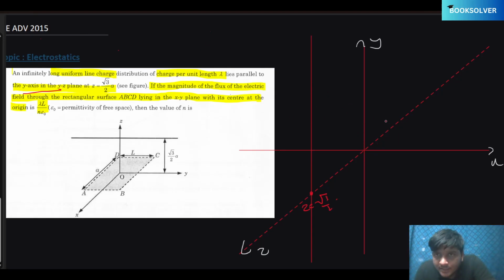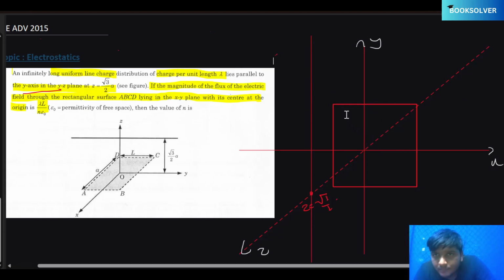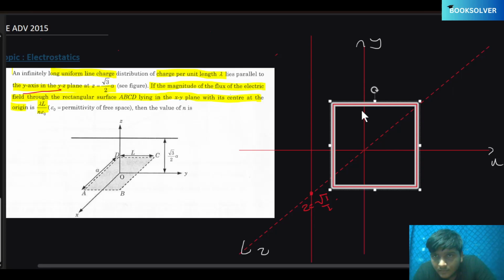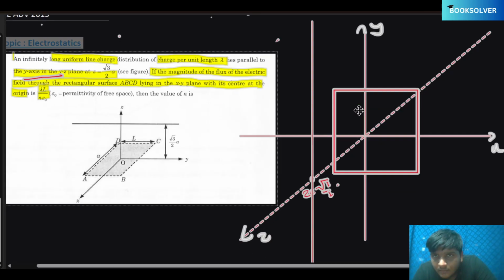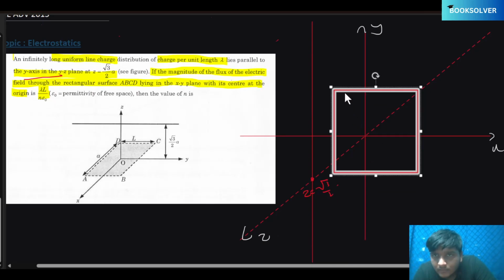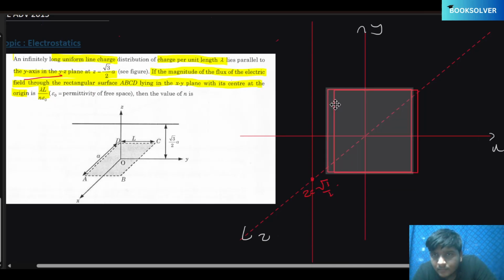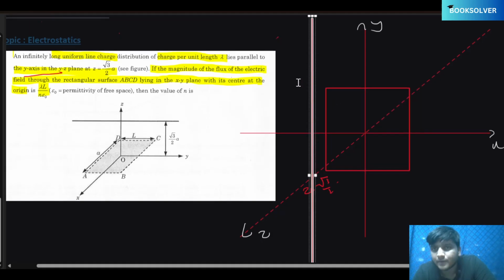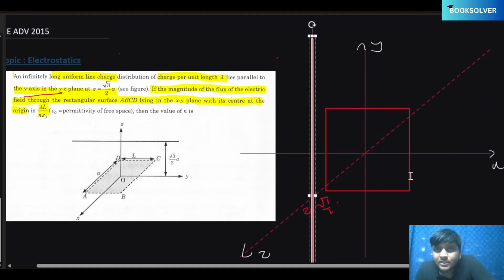It is in the xy plane, with its center at the origin, so it is something like this. Let me adjust its center. Yes, perfect.